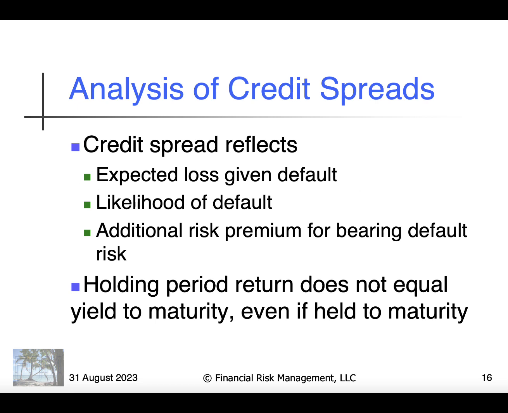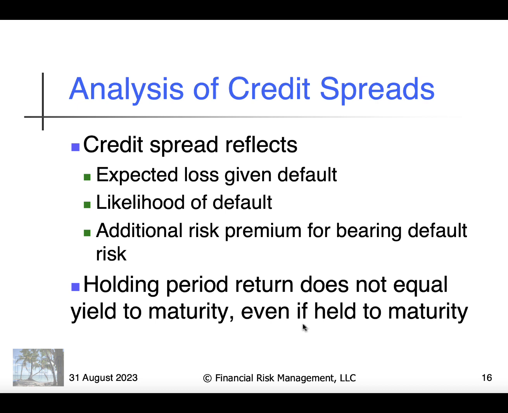If an industrial company with a lot of raw materials and industrial plant facilities defaults, it's very possible that the expected loss is not that great. What investors are interested in is, can I earn an additional risk premium for bearing this default risk above and beyond the expected loss given default and the likelihood of default?